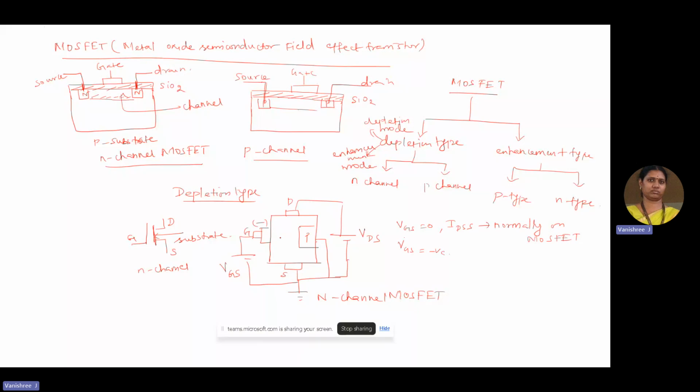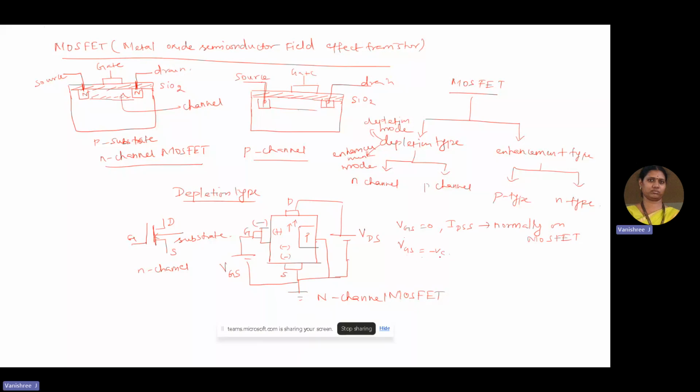So when the gate voltage is negative, this plate is negative, so the other plate is induced to be positive. Now the N type charge carriers released by the source terminal will combine with the positive polarity. So there is a depletion in the N type charge carriers reaching the drain, and the drain current reduces in its magnitude.